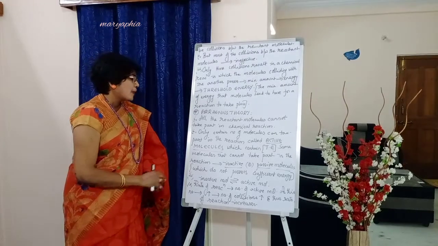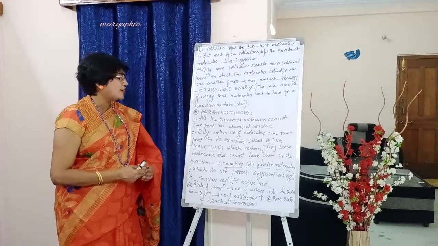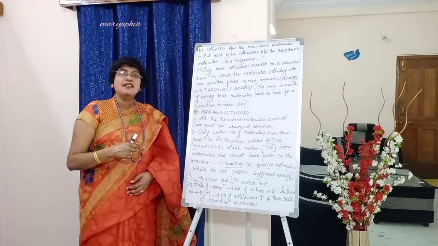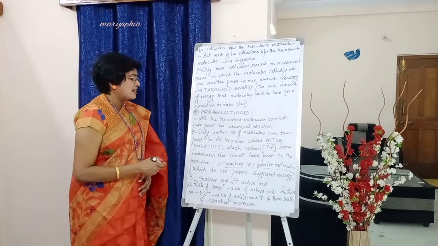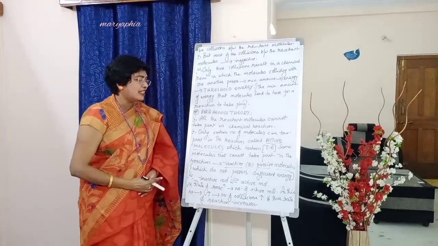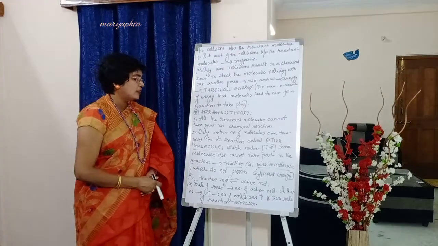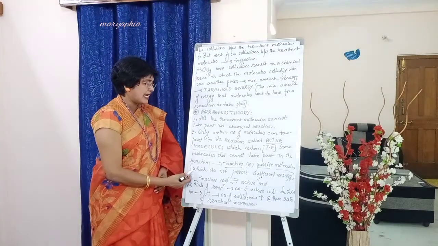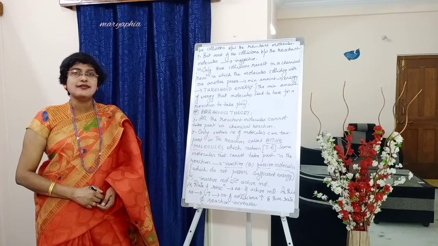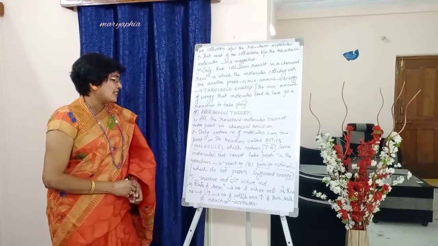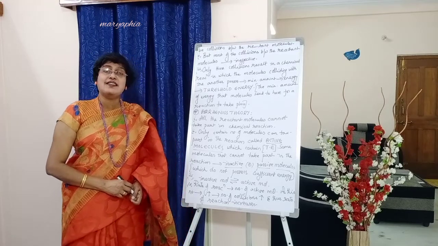So write down: only a certain number of molecules can take part in the reaction, called active molecules, which contain threshold energy (TE is threshold energy), and some molecules that cannot take part in the reaction are called inactive or passive molecules, in brackets, which do not possess sufficient energy. Third point: there exists an equilibrium.